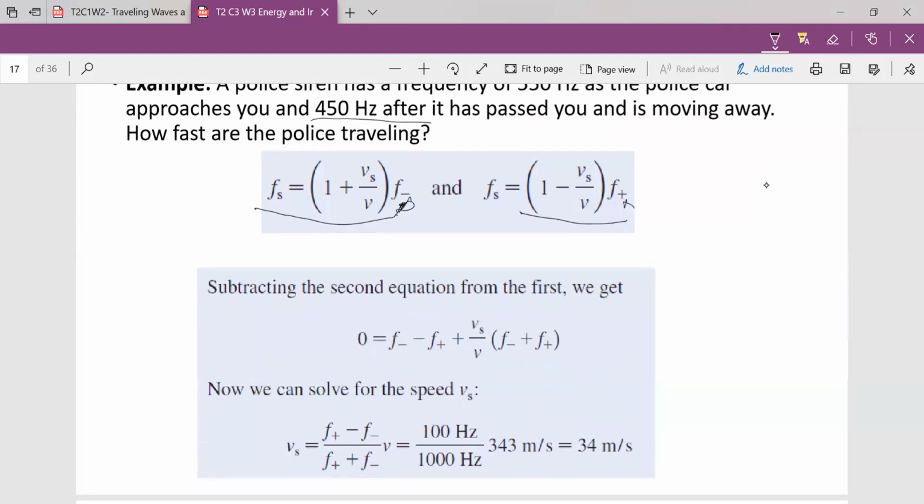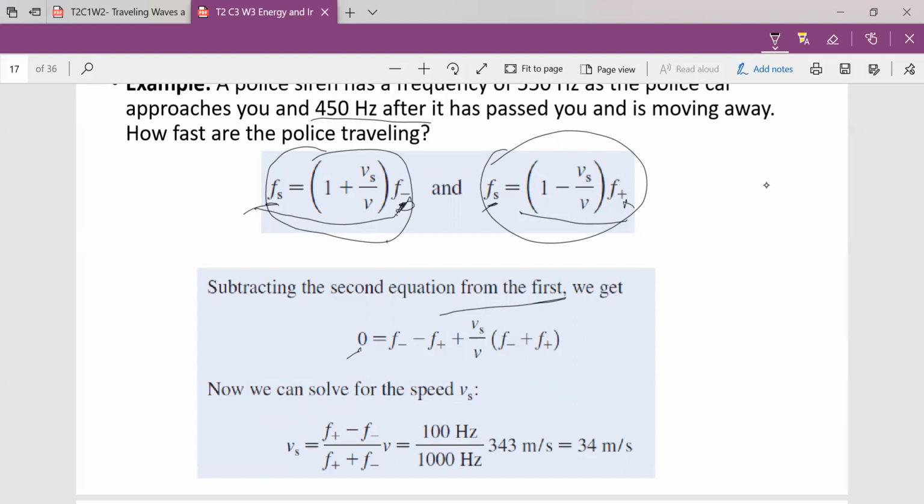Given these two, approaching and receding, we want to subtract the second equation from the first, that is, subtracting this from this. We'll have Fs minus Fs to give us 0.